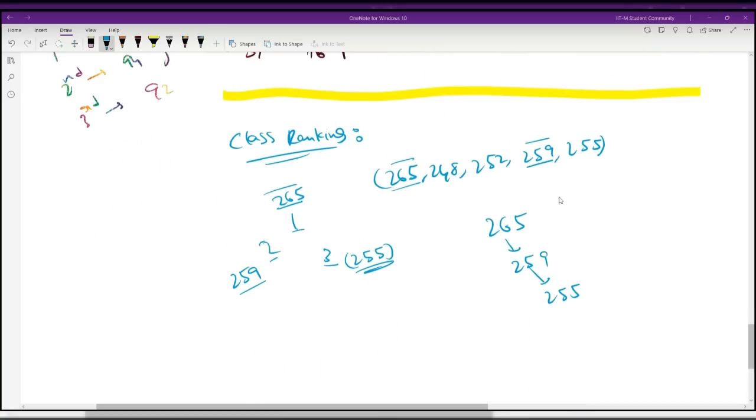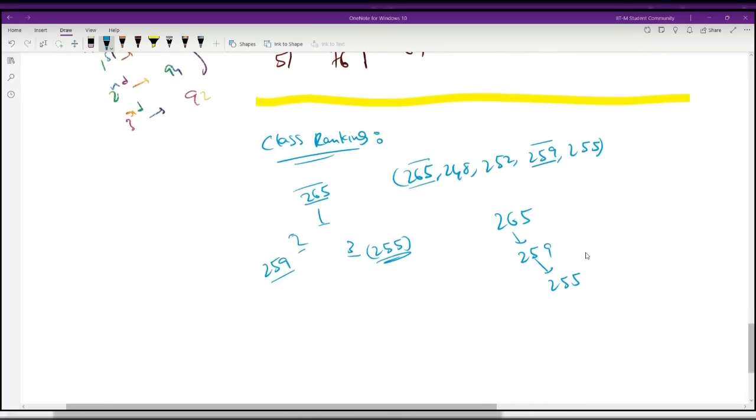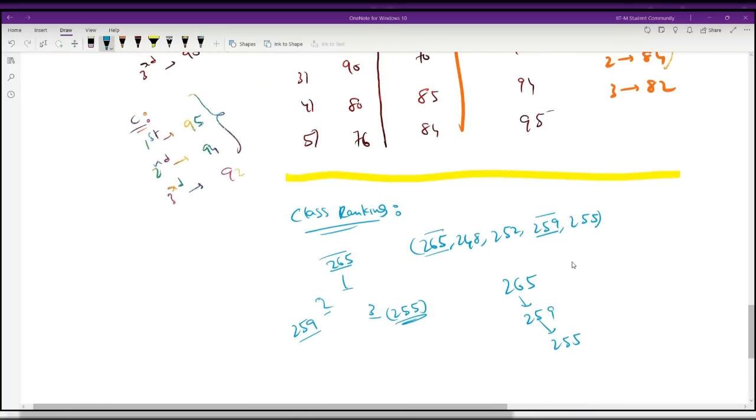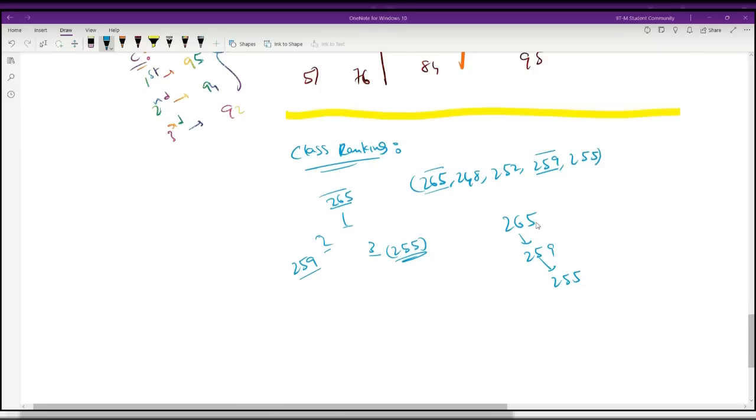Now from this particular ranking, by seeing this 265, what can we imagine? We might think that this person might be the topper in each and every subject. Is that the case? You will be asked questions like this, and I think you might find them in your GA also.